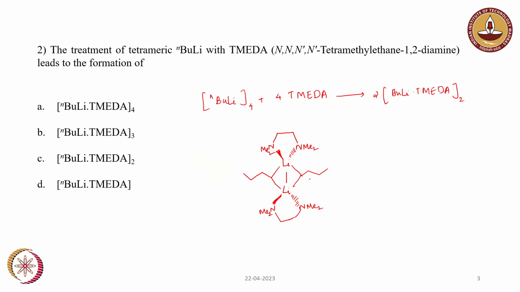So this is the dimeric form of butyl lithium TMEDA. So the answer is option C, n-butyl lithium TMEDA twice.